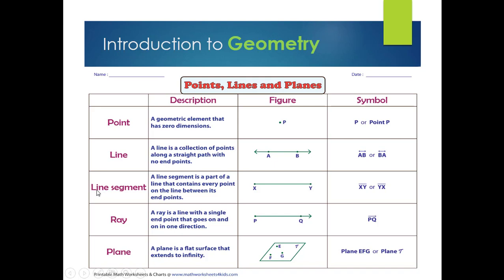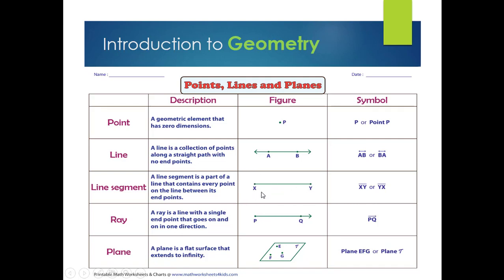Okay, here we have the line segment, or you can say segment. So a line segment is a part of a line that contains every point on the line between its endpoints. Okay, so here we have two points. Focus that here we don't have arrows.